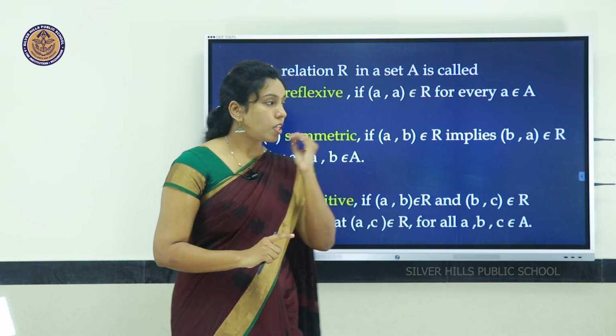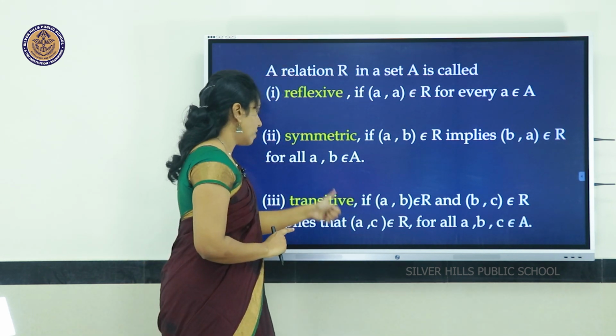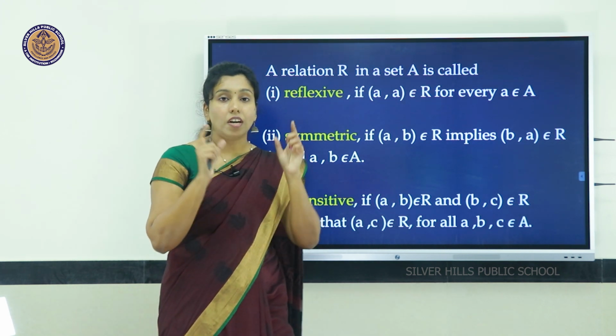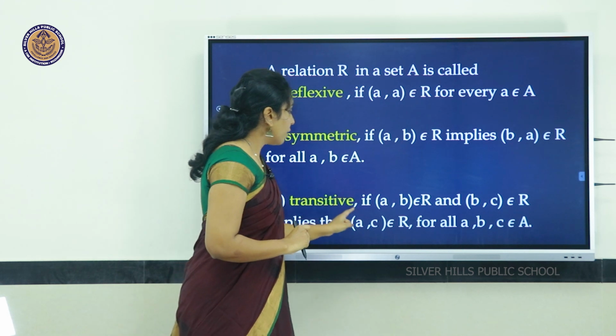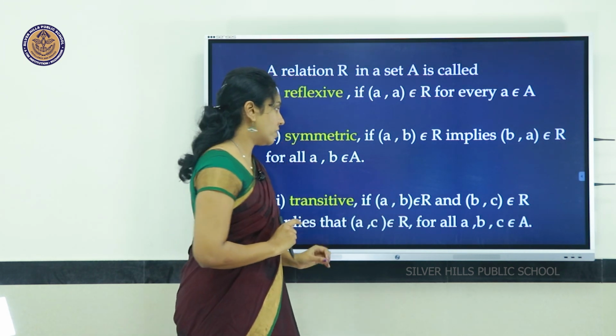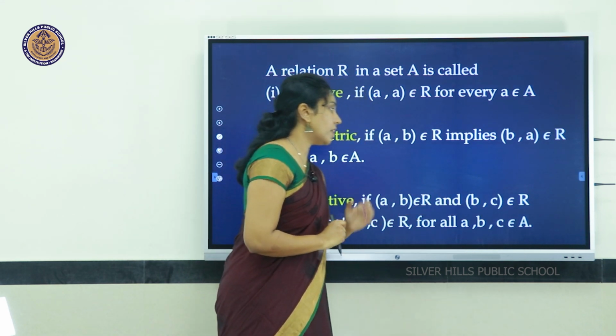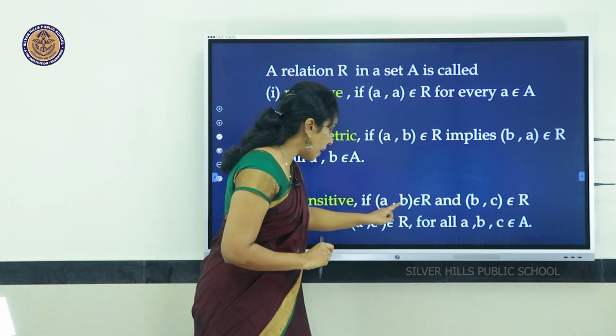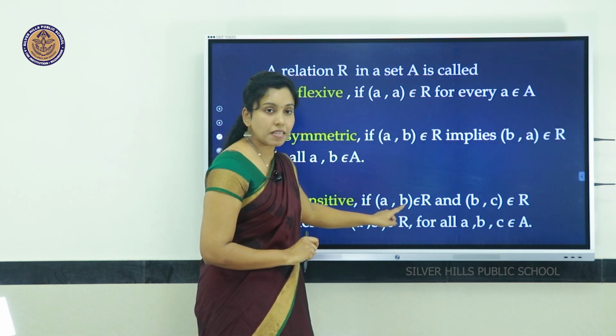Now the third one is called transitive. And what is transitive? There we need to consider two pairs. If (a, b) is present in the relation and (b, c) is present in the relation. The important thing that you must note is, here it is (a, b), the second element is b.